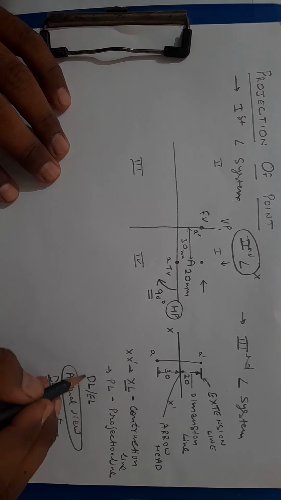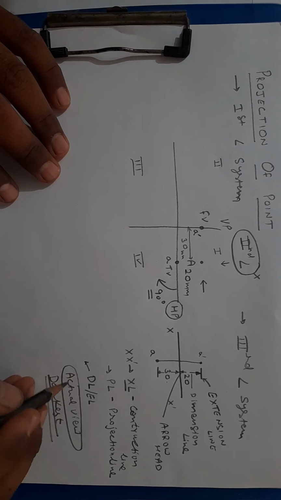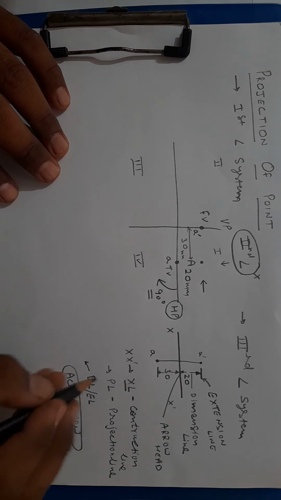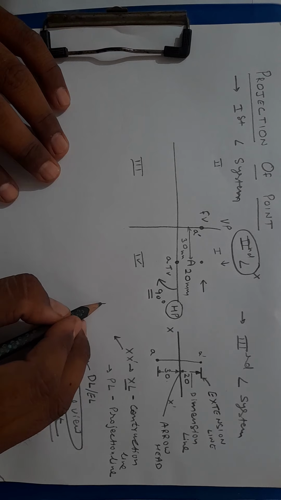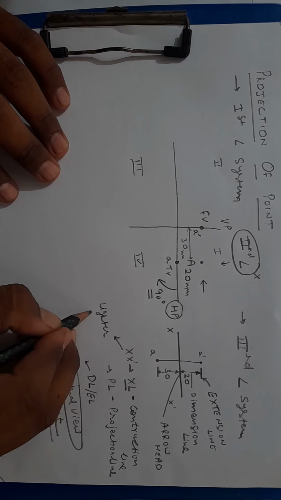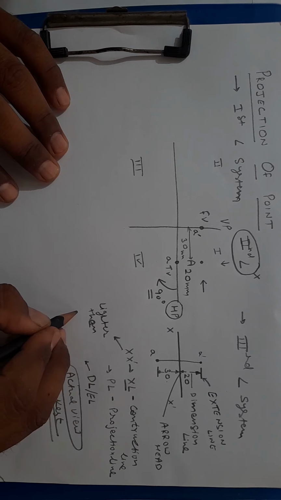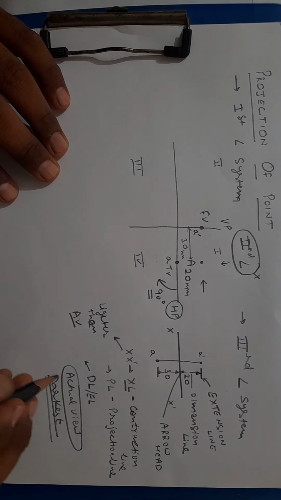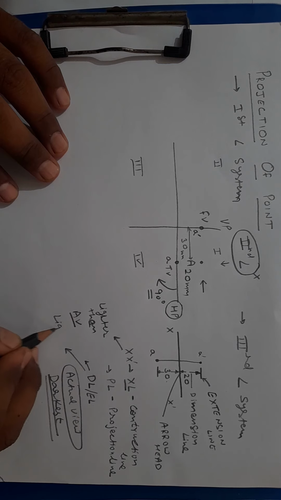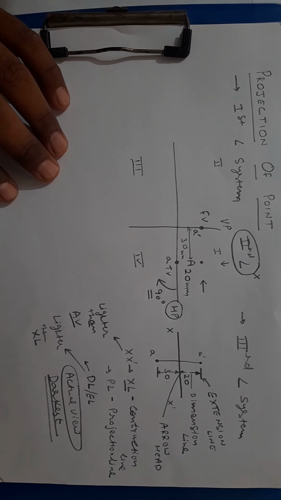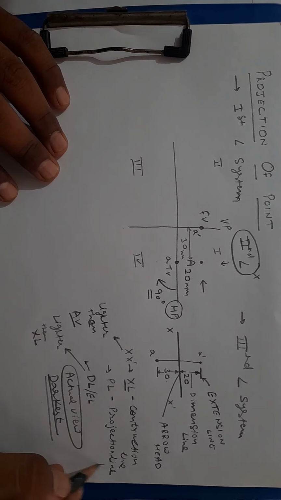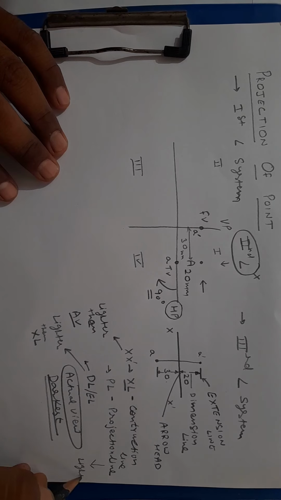Okay. The construction line is lighter than the actual view. The dimension line is lighter than the construction line, and the projection line is the lightest in the complete drawing.